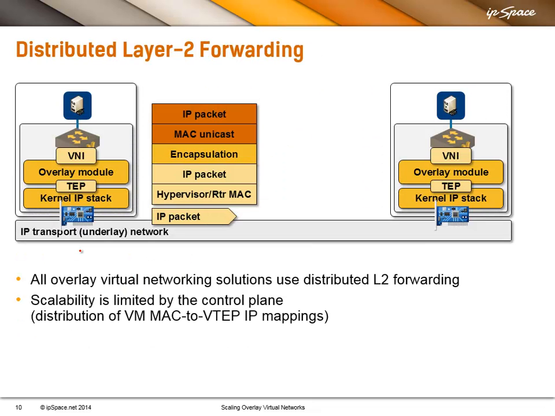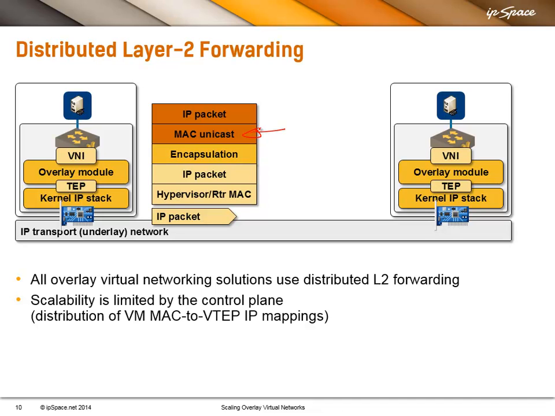More or less all overlay virtual networking solutions offer some sort of layer 2 forwarding. A VM sending a packet to another VM in the same segment is sending the packet straight to the other VM's MAC address, so we have a unicast or broadcast, if we're doing ARPs, MAC header in there.